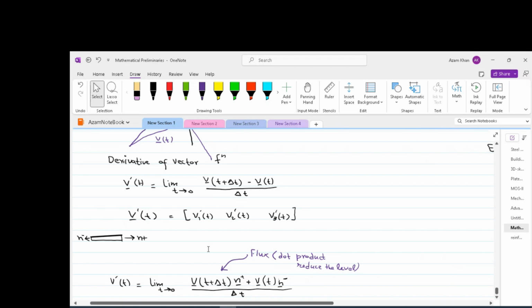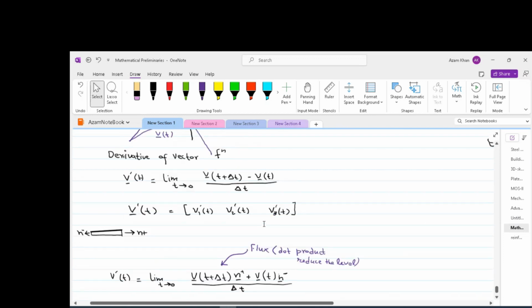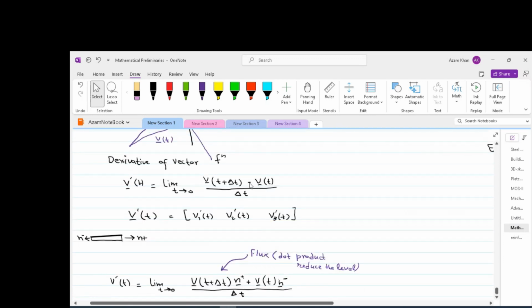We will say that this first vector, we multiply with a normal n plus, and this other vector which is negative, we multiply with normal n minus, and we rewrite the numerator as shown over here.